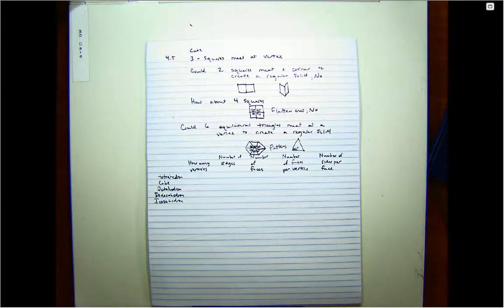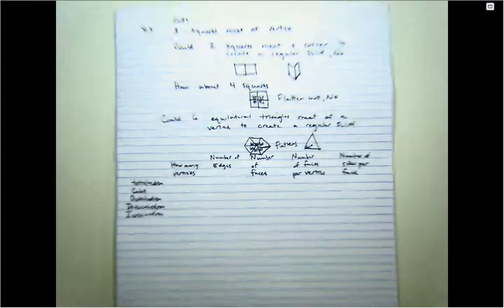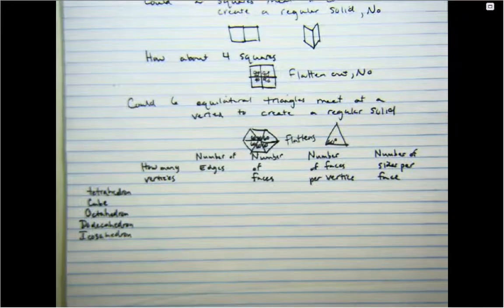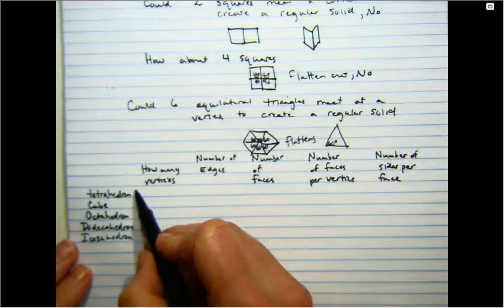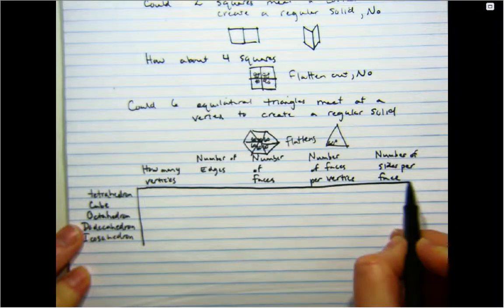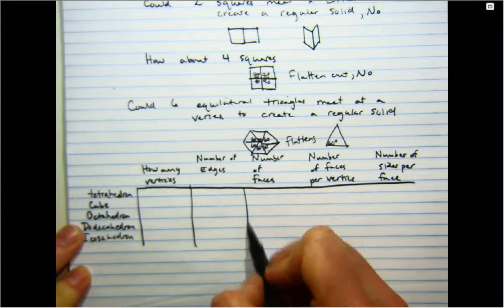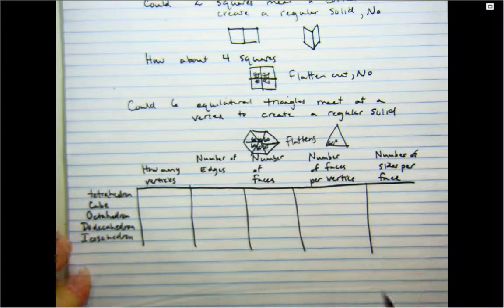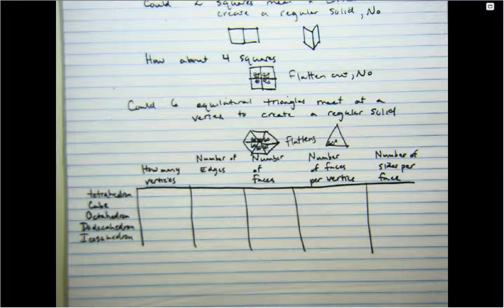I'll make that a little bigger. Okay, so how many vertices, number of edges, number of faces per vertice, number of sides per face. Go ahead and work on yours and fill this in. If you didn't bring yours today, ask the person next to you to look on theirs. I'll come around and see how you're doing. You can also come up and borrow mine if you bring them back, one at a time, okay?